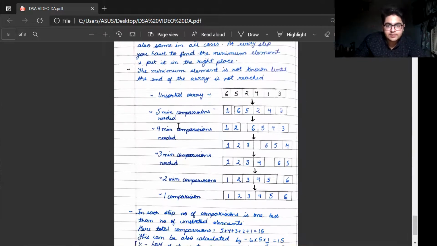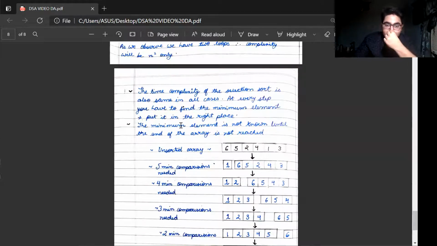In selection sort also, the time complexity is the same in all the cases. The reason is quite simple, because at every step you have to find the minimum element, and to find the minimum element you have to check till the last element of the array. So there's no shortest step or longest step. We have to do the same thing in all three cases.